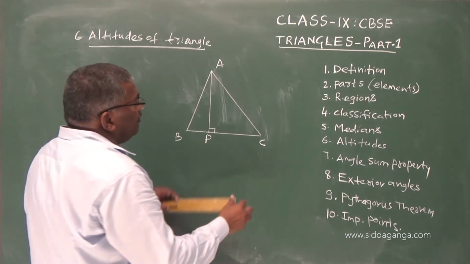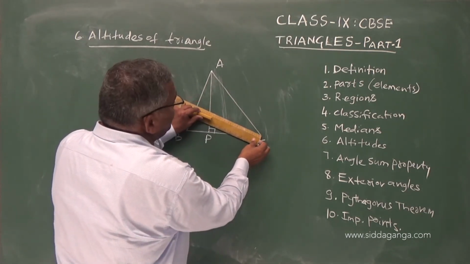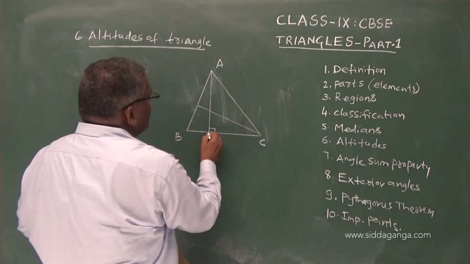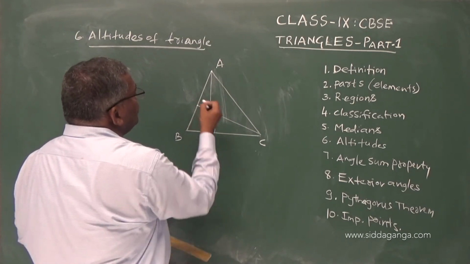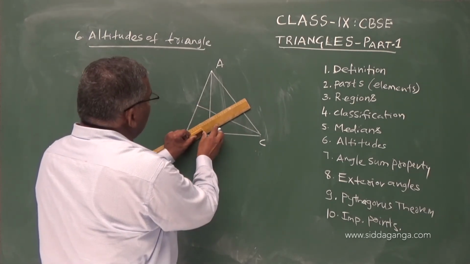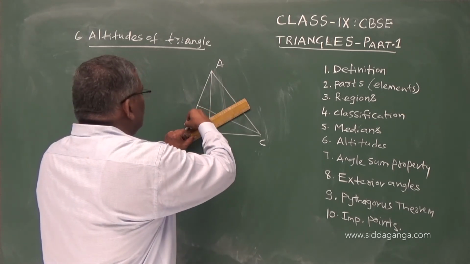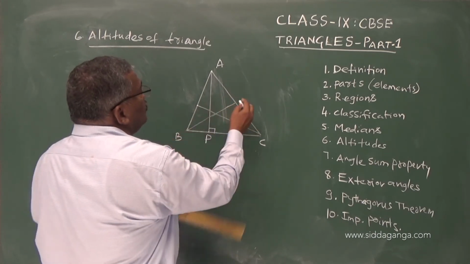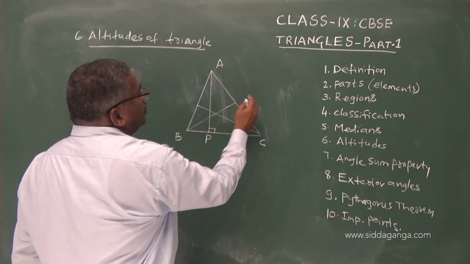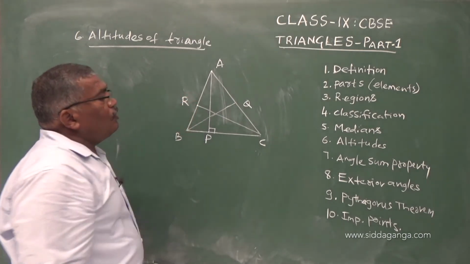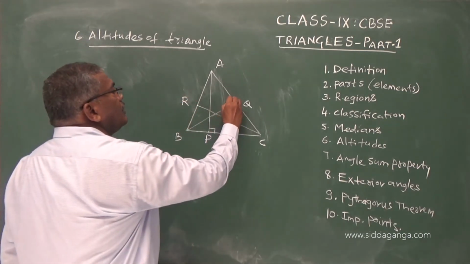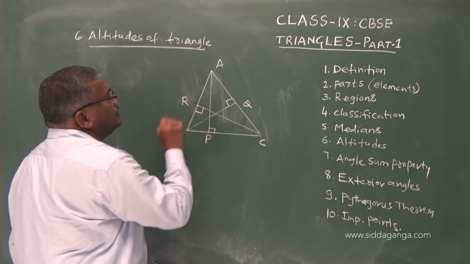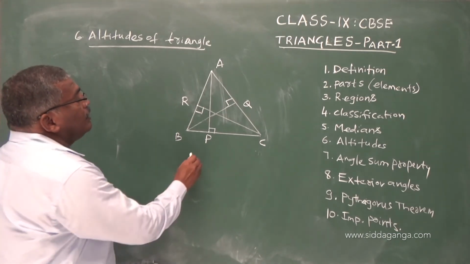Similarly, from point C we can draw another altitude, and from B we can draw another altitude to the opposite side AC. If I call these points Q and R, the more important thing is that in this case it is 90 degrees and in this case also 90 degrees.